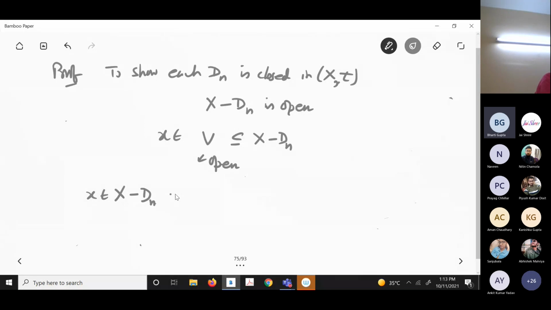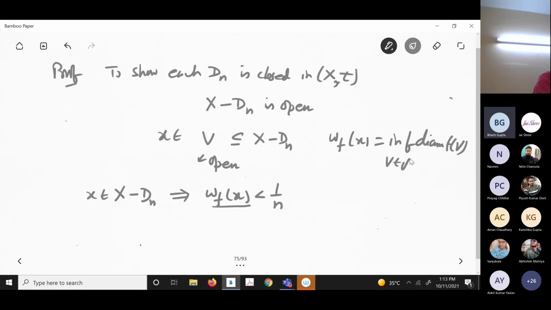So it means omega F(x) is less than 1/n. Okay? But what does this mean? Go to the definition: omega F(x) is the infimum of diameter of F(V), V belongs to N_x.